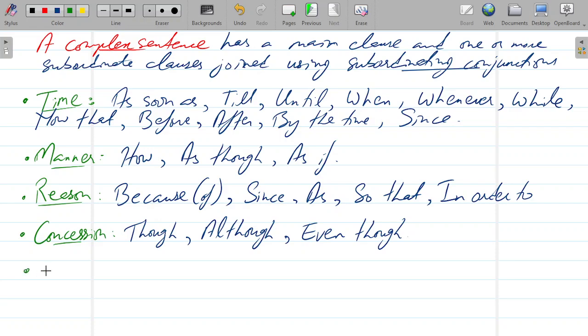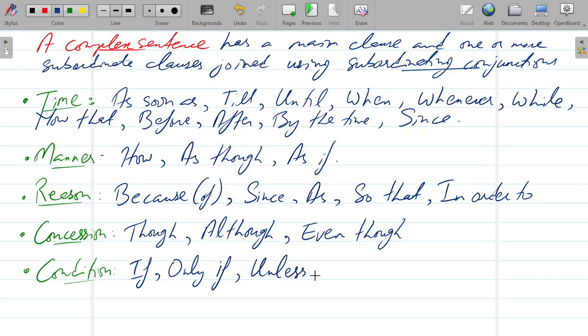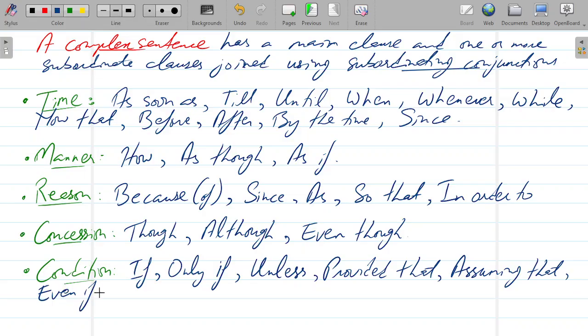Then you've got condition, and this one starting off obviously with an if, only if, unless, provided that, assuming that, even if, in case that, lest, and once.